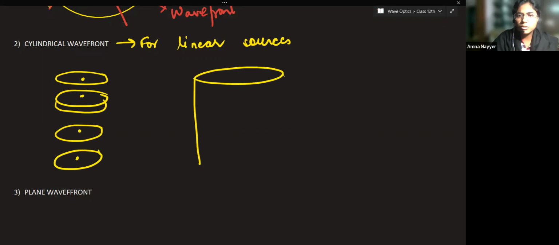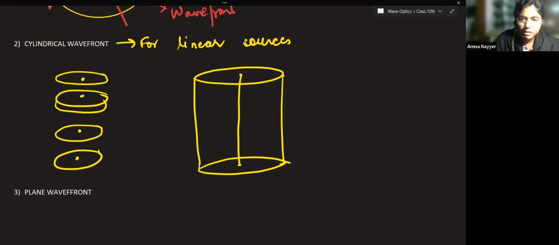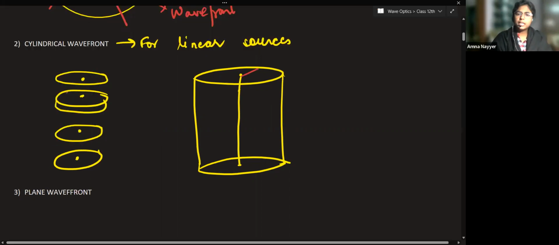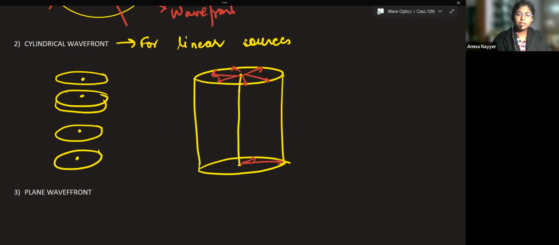Will it not lead to the formation of a cylinder? It will lead to formation of a cylinder, because every point is acting as a source having its spherical wavefront. So ultimately, this leads to a cylindrical wavefront. And again, if you want to draw the rays, they will always be perpendicular to this.